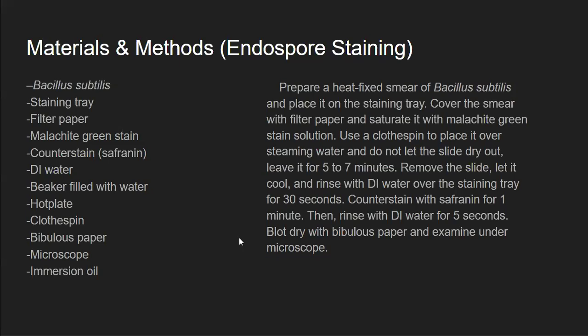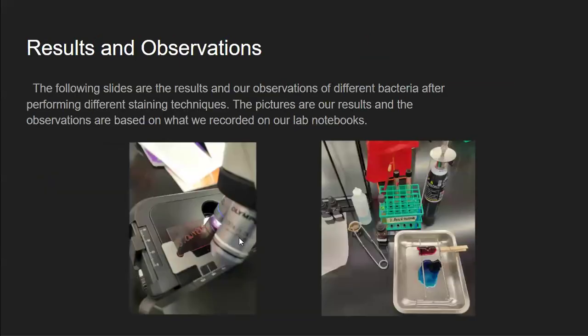Leave it for 5 to 7 minutes. Remove the slide and let it cool, and rinse with deionized water over the staining tray for 30 seconds. Counterstain with safranin for 1 minute. Then rinse with deionized water for 5 seconds. Blot dry with bibulous paper and examine under microscope.